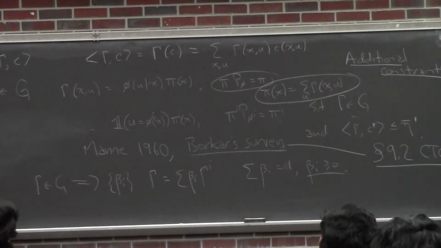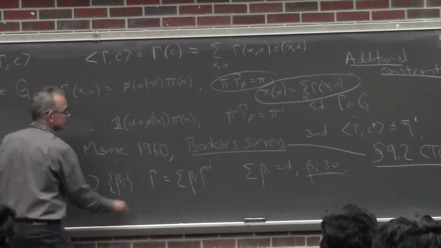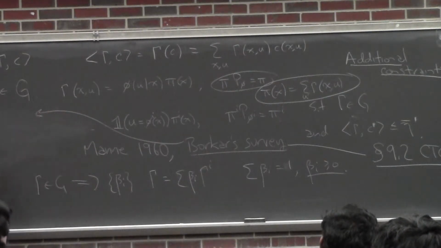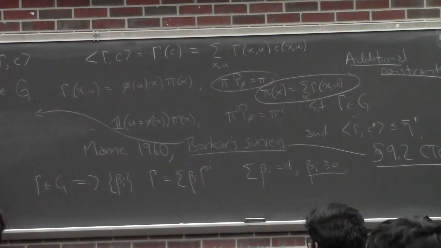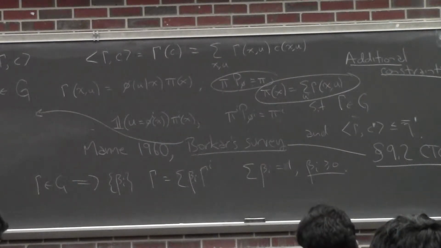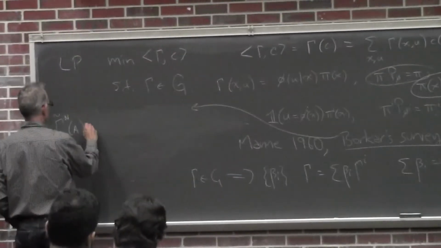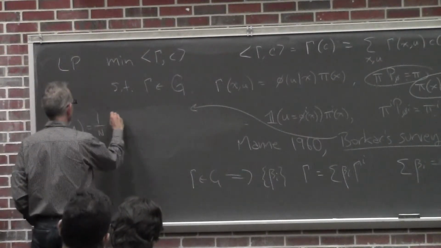If you look at Borkar's survey, what he does is he looks at 1 over n summation. Well, let me write it like this. You're forcing me to do this.